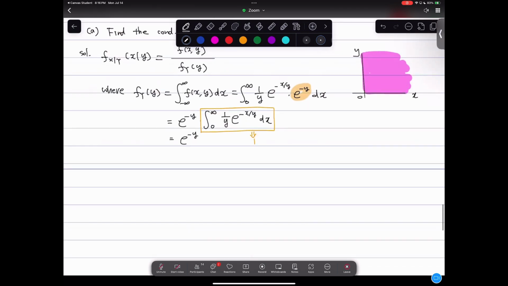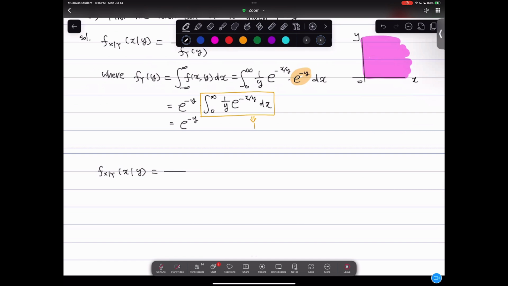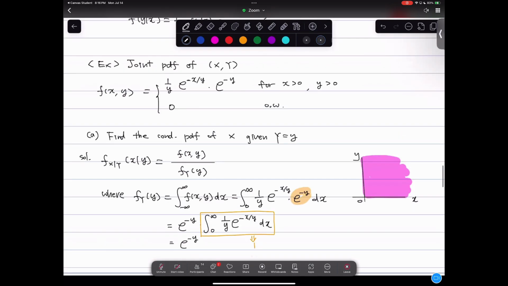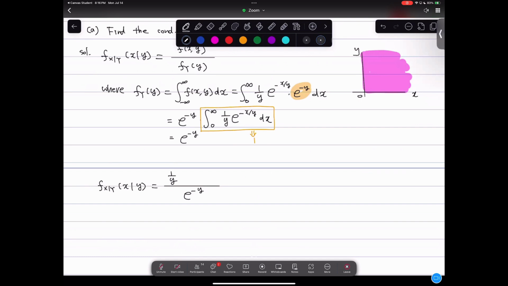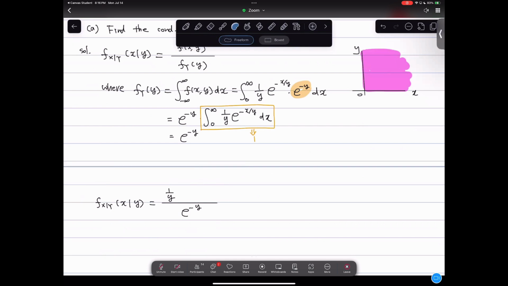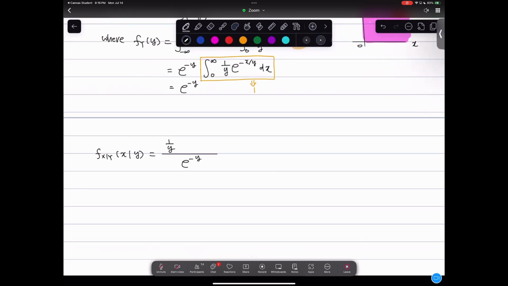The definition says f of x given y: I need the marginal, which is e to the power of negative y, and on top, I need the joint. So let me copy the entire joint, which is 1 over y, and we have e to the power of negative x over y, times e to the power of negative y.